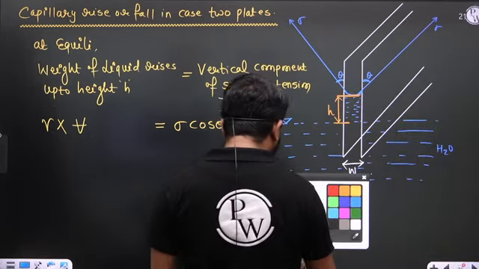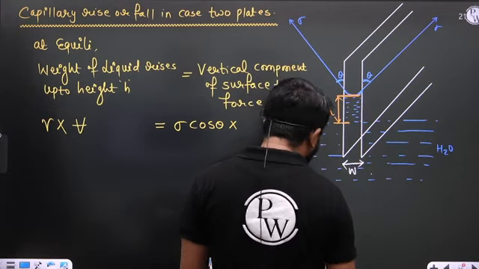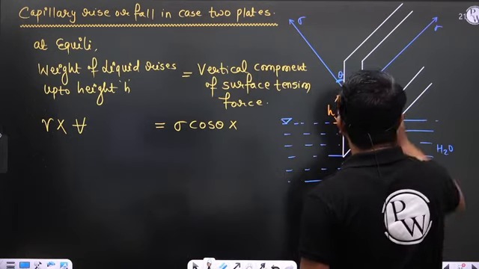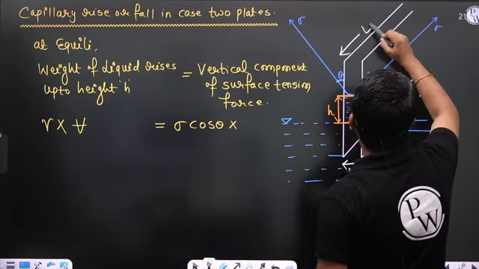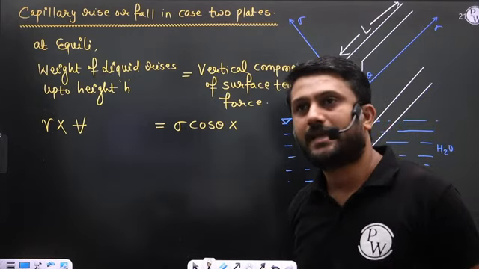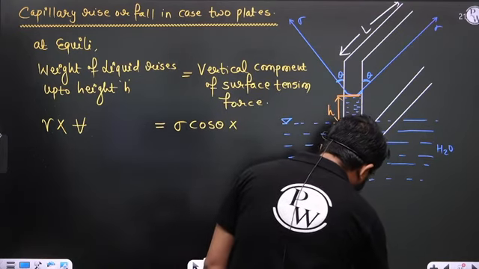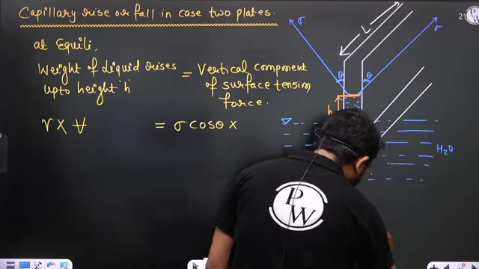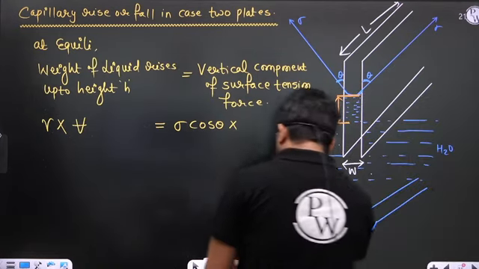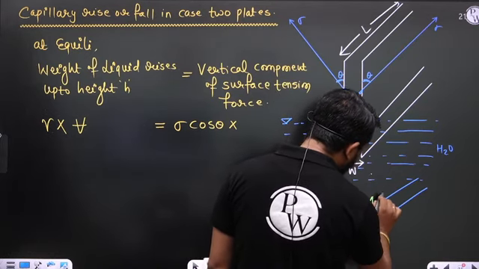If you see this meniscus, let us consider that the plate length is L. This is the meniscus, and surface tension is acting like this.